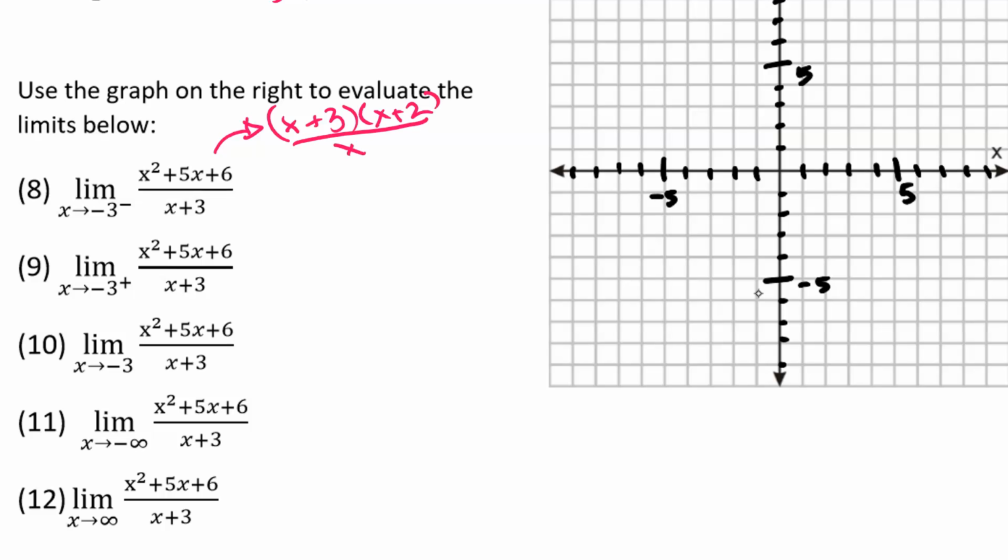And this is a removable discontinuity problem. So this cancels. You have a removable discontinuity at x equals -3. If you put that into x plus 2, you'll get y equals -1. So we graph our line. It's got a slope of 1, and a hole at -3, -1.